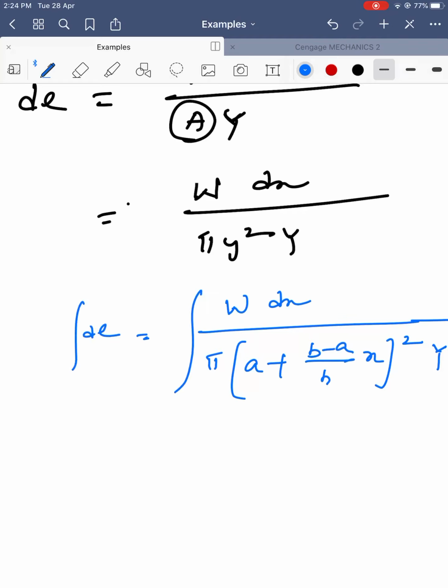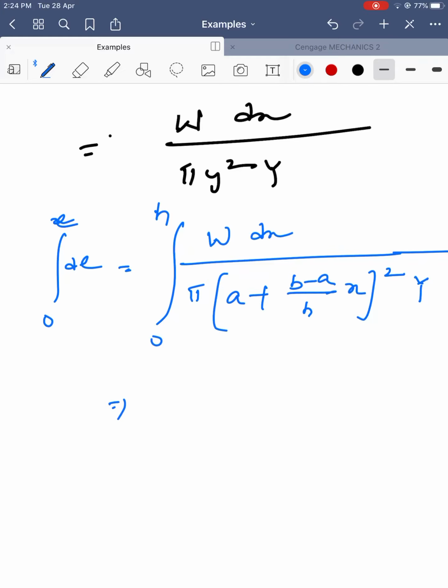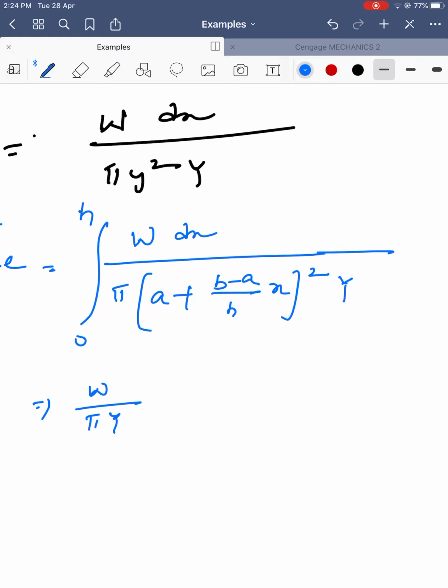Integration from where to where? 0 to H, the height. So we are converting; W by pi is a common factor. A plus X whole power minus 2.